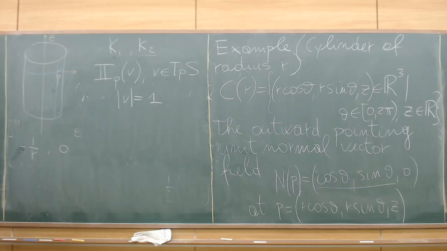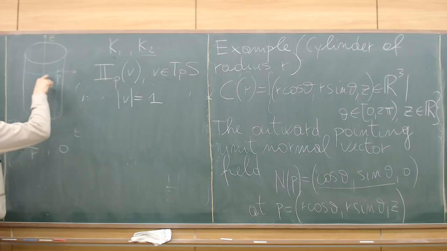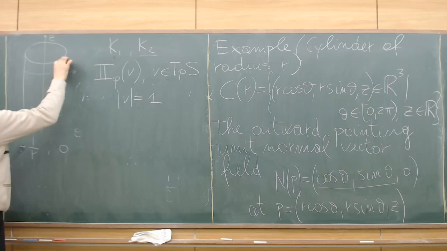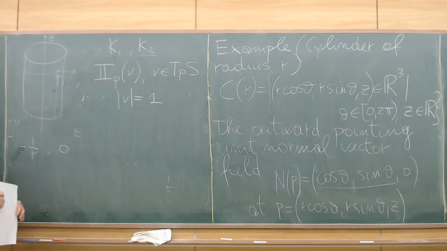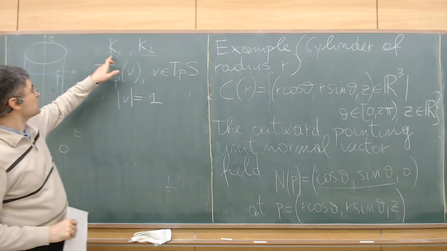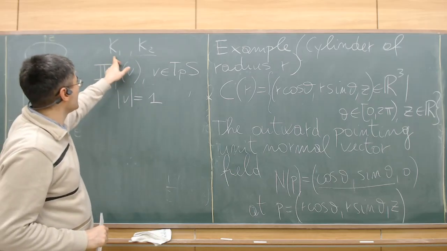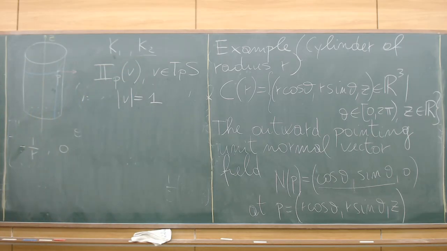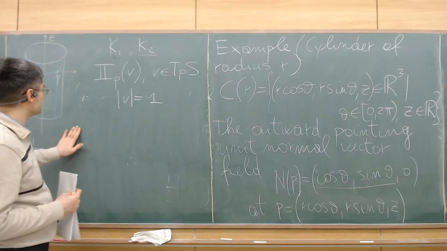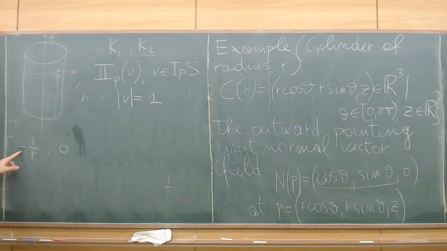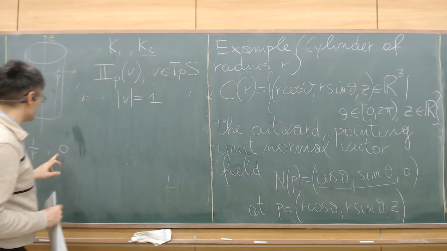It is intuitively clear that if we consider any other curve passing through P which is not a straight line or a circle, for example a curve like this, we will get a value of the curvature which is contained in the interval K1, K2. So at least from an intuitive point of view, it is clear that K1 is minus 1 over r and K2 is equal to 0.